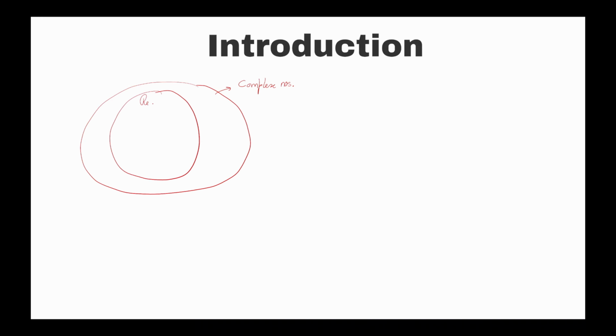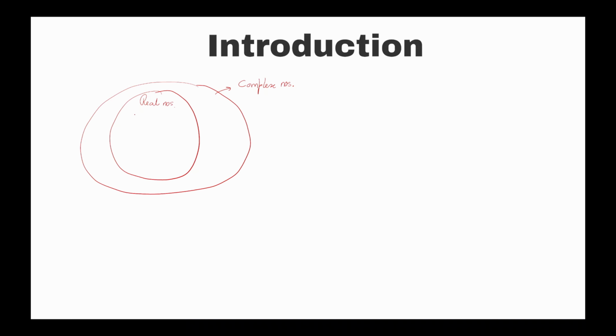First of all, as I mentioned, complex number is basically the universal of all types of numbers. So let's say if this circle here represents my complex numbers, then real numbers are basically a subset of these complex numbers.